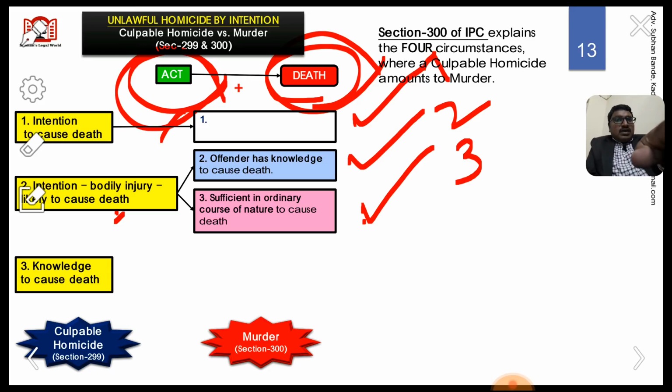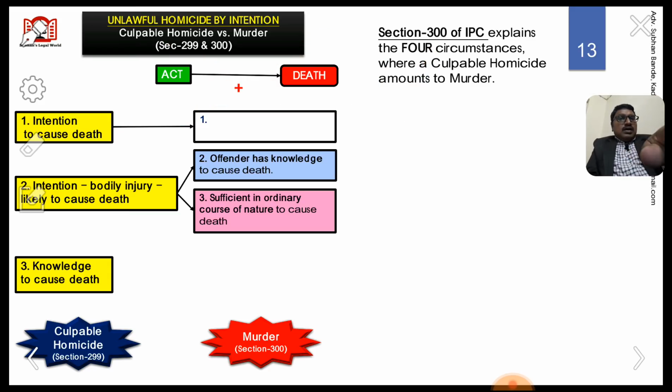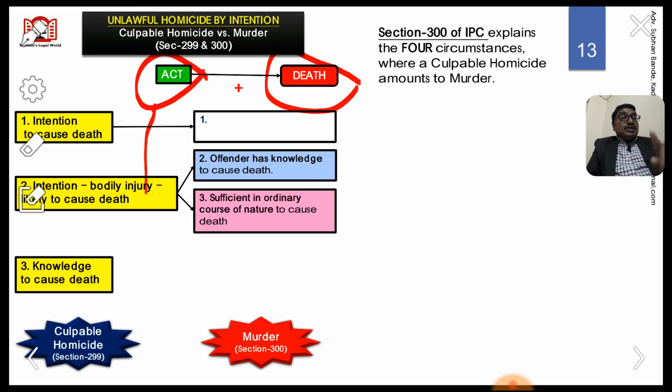Here an act must be done by the accused. The result of the act is the death. At the time of doing such act, the accused has intention to cause bodily injury. That bodily injury is likely to cause the death.